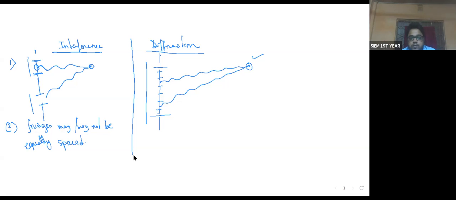Generally, they are equally spaced in double slit experiments. But in case of diffraction, fringes are never equally spaced.